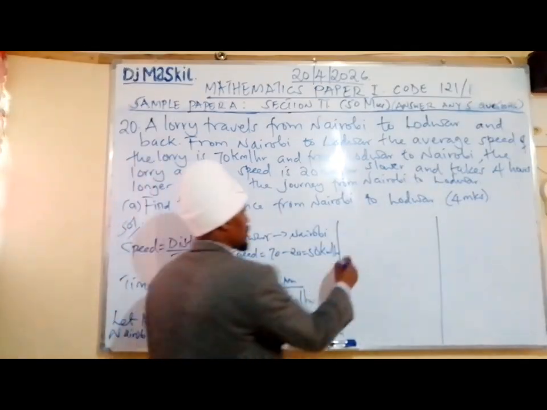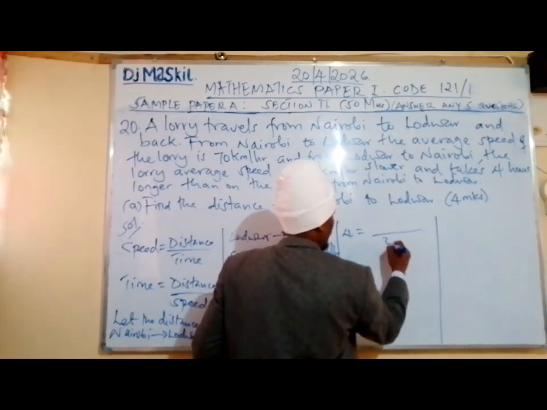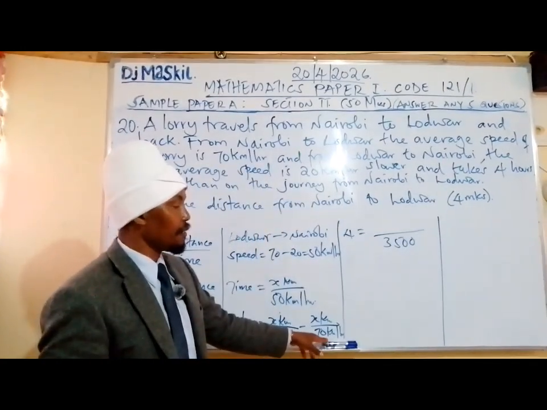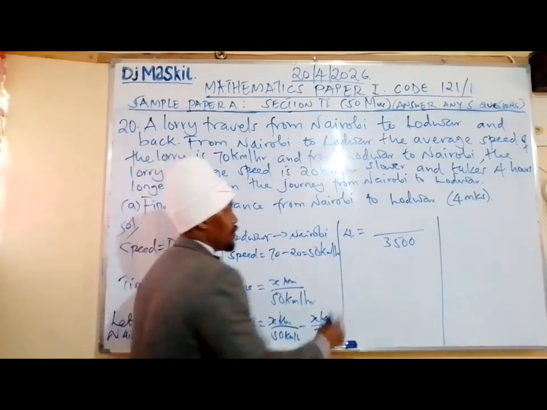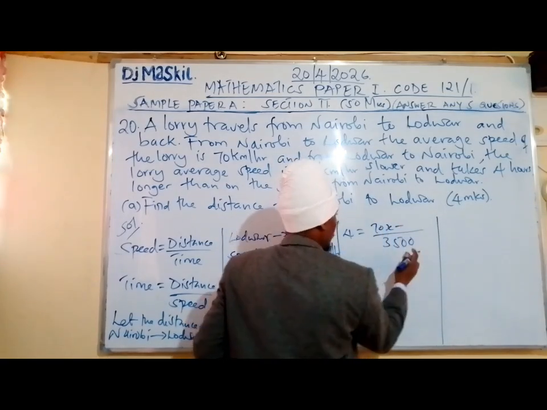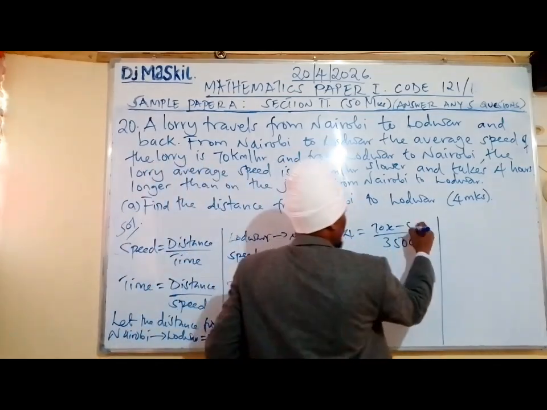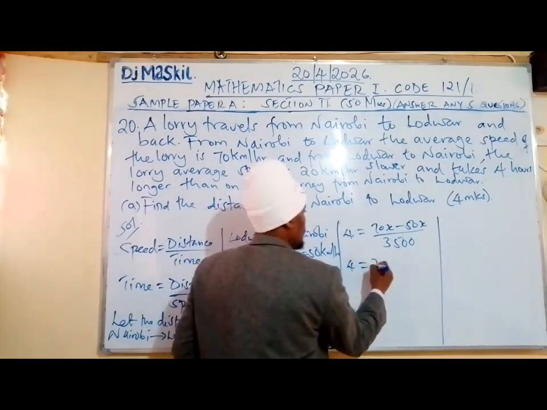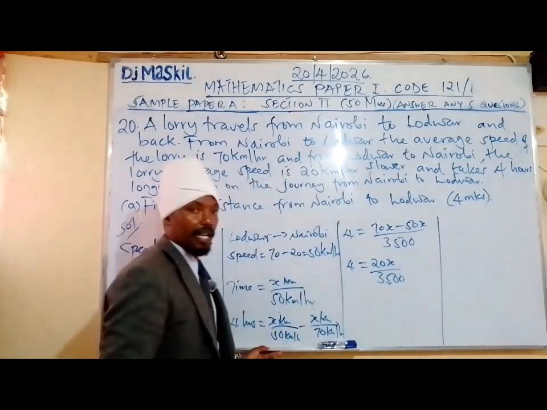So this will give us 4 is equal to the LCM of 50 and 70. So 3,500 divided by 50, you get 70x, minus 3,500 divided by 70, you get 50x. Therefore, 4 will be given by 20x over 3,500.